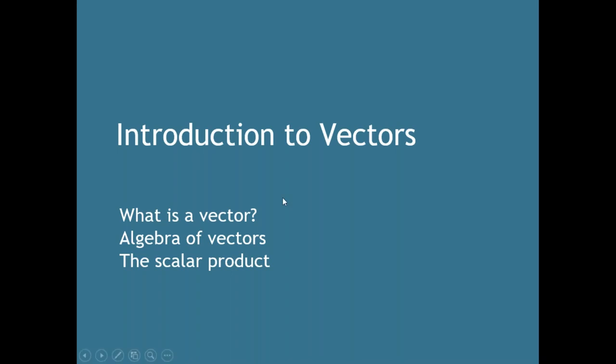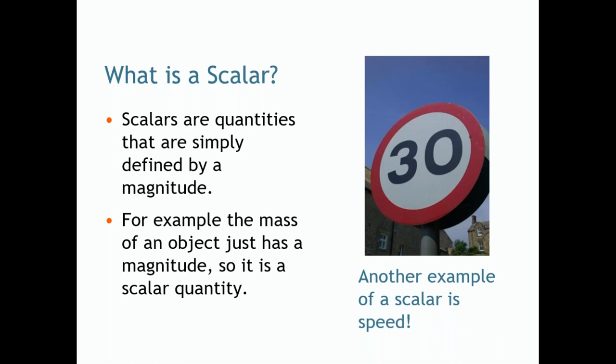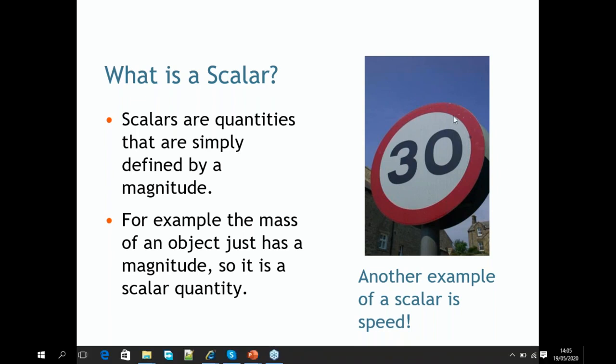Scalars are quantities that are simply defined by magnitude. There are some people who say scalar quantities are magnitude. For whatever you want to say, scalars are quantities that are simply defined by magnitude.